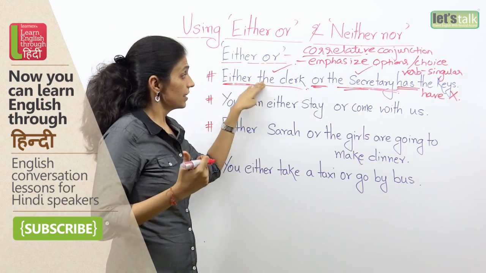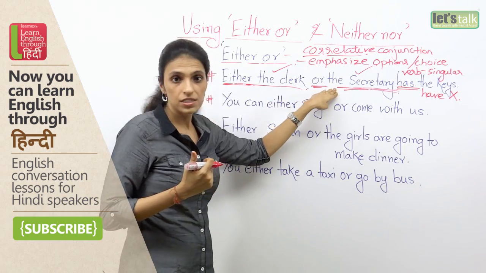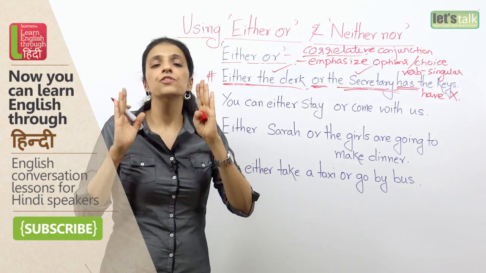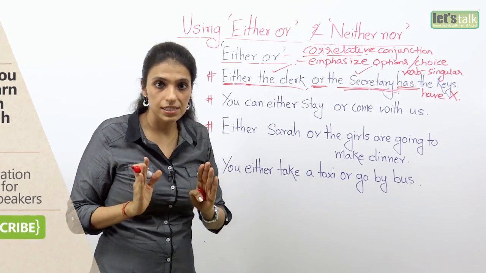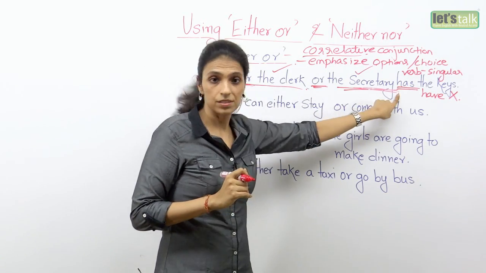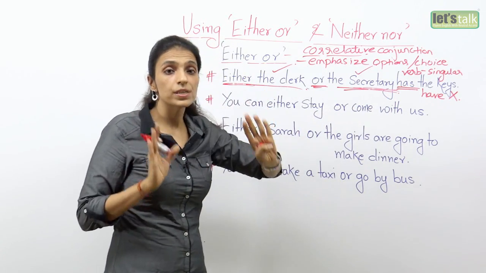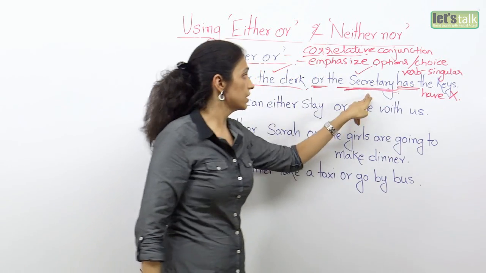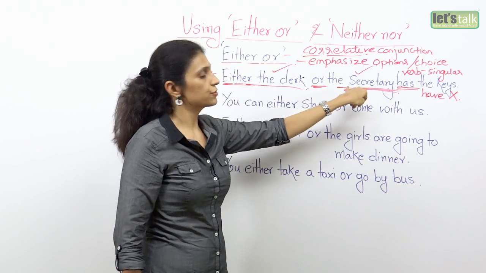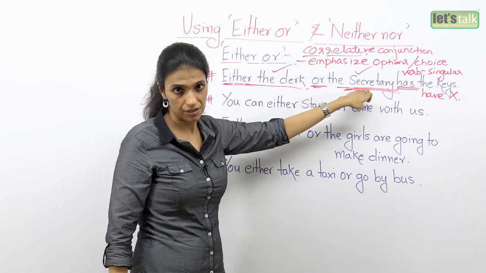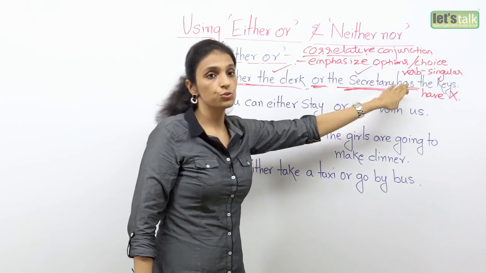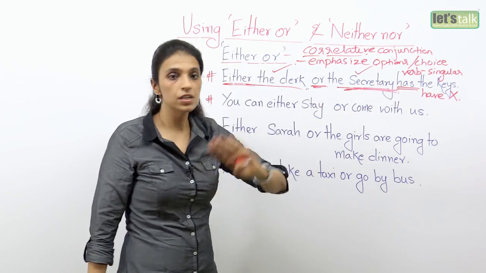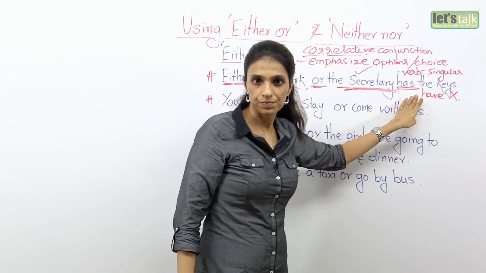It is a correlative conjunction used in a sentence, and the second and most important thing to remember is the verb. It always depends on the noun or the pronoun that follows or. If it's singular, you use a singular verb. If it's plural, you use a plural verb.